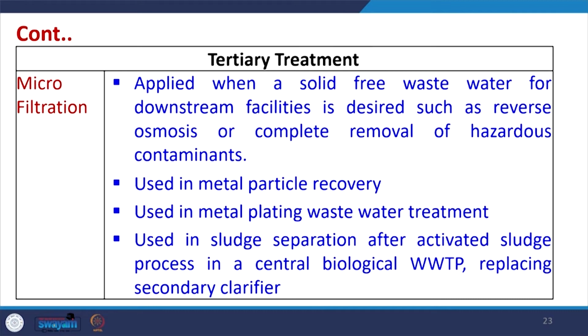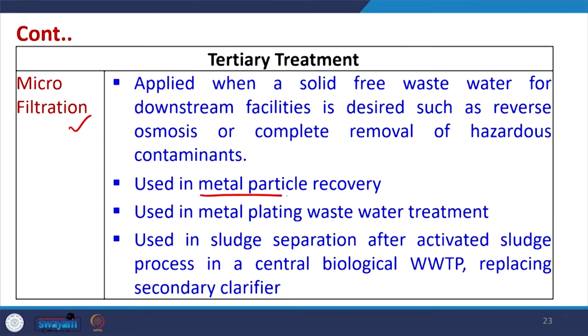Then we can have microfiltration technique, which is applied when a solid free wastewater for downstream facilities is desired, such as RO or complete removal of hazardous contaminants. So, in this case microfiltration can be used.